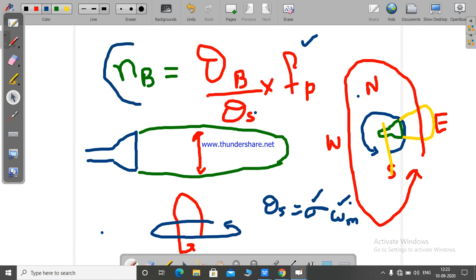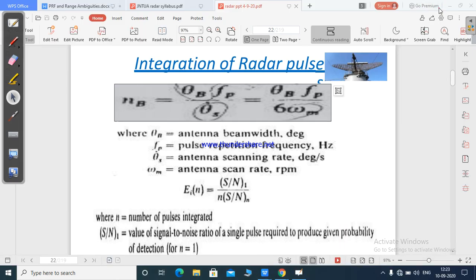How many pulses are integrated at the receiver section depends upon theta b, theta s, as well as f suffix p. You have to maintain notes for this. I have already posted that. And when you go for the incident energy for n number of pulses, E suffix I of n is equal to the signal to noise ratio for one pulse to n number of pulses.